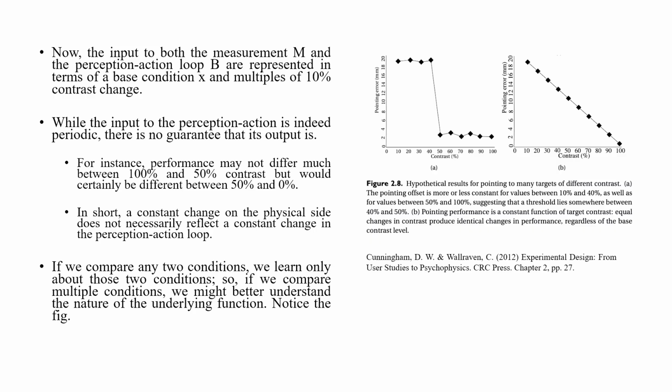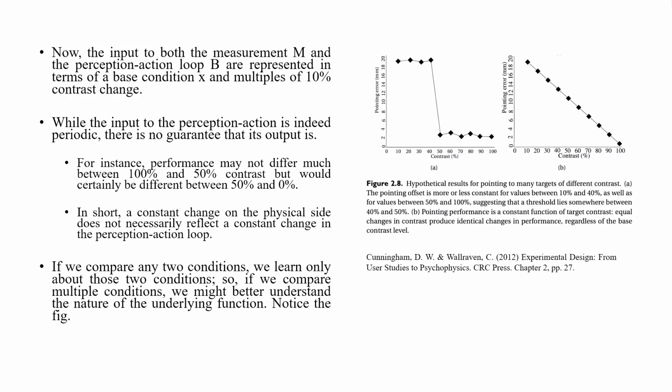Now, we had 2 conditions previously, now we have around 10 conditions. How do we estimate the overall function? Look at this, it is possible that there is a steep change from 40 to 50%, or there is a linear change from 40 to 50%, and this basically gives you an idea of how this function is going to be.